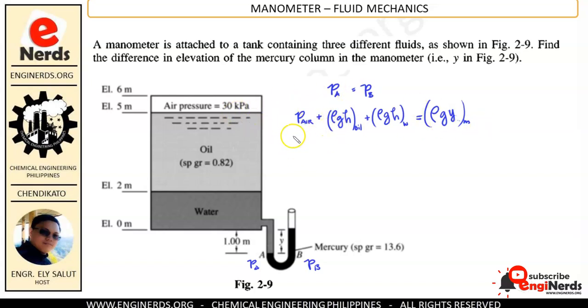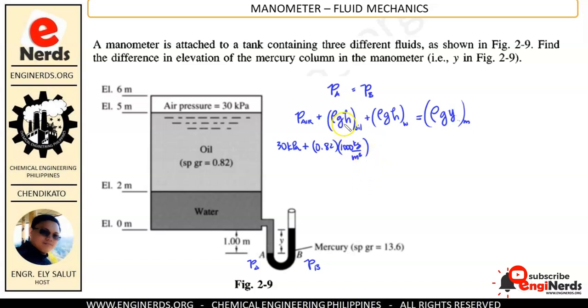The pressure of A is equal to 30 kilopascal. Okay, so take note na natin. We are in kilopascal. Kailangan lahat yan naka-kilopascal, lahat ng ating term para may add natin siya dito. So, plus the density of our oil. So, we have the specific gravity which is 0.82, times the density of water which is 1,000 kilogram per cubic meter.